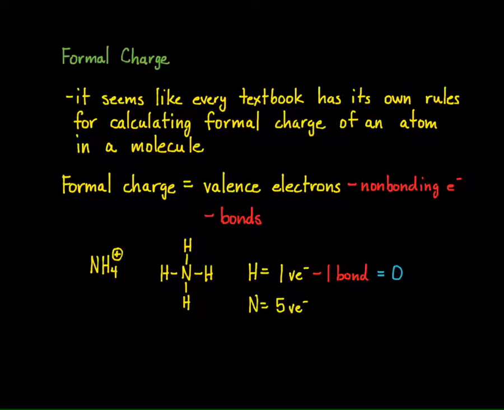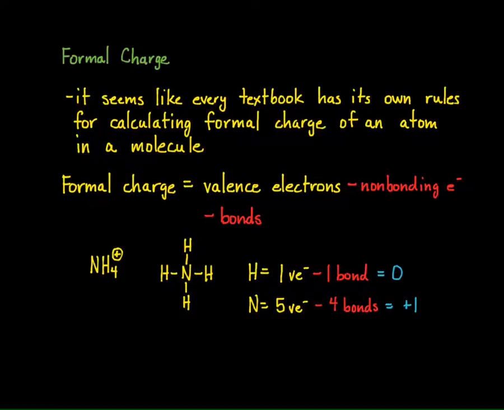The nitrogen, on the other hand, again has 5 valence electrons. We saw a previous example where nitrogen has 5 valence electrons. And it doesn't have any non-bonding electrons around it, so there's no pair of electrons on the nitrogen. But it does have 4 bonds. So we're going to take 5 minus 4, and that gives us a plus 1 formal charge.